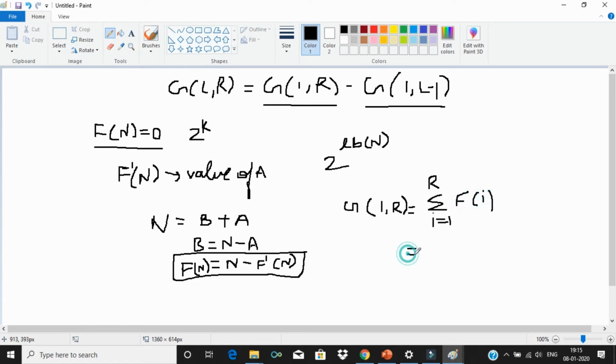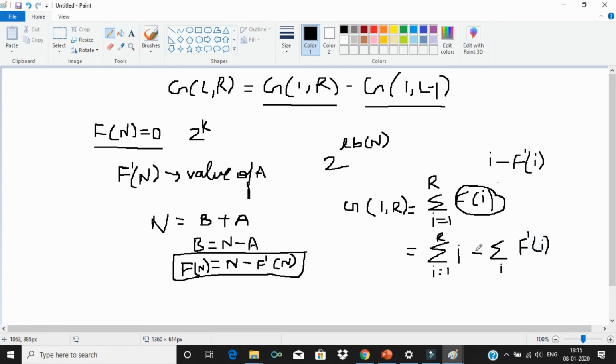But this f of i can be simply replaced with i minus f dash of i, right. So this is what we're going to replace with, and we will get the summation of i, i from 1 to R, and the summation of i from 1 to R, we will take this f dash of i, the sum of.